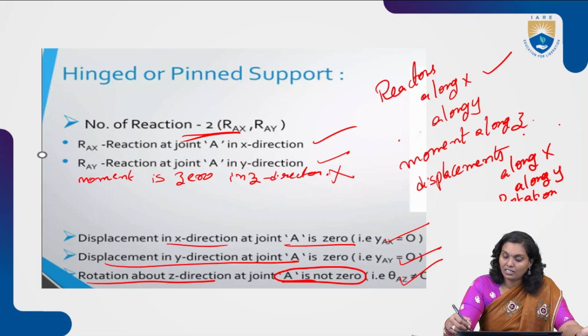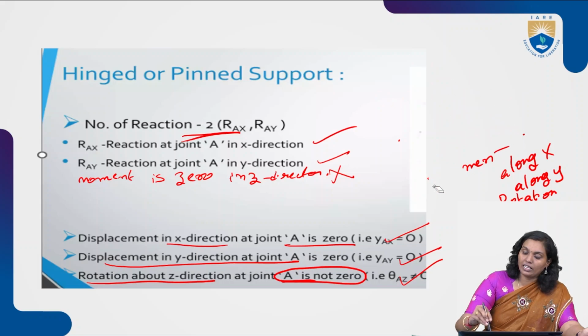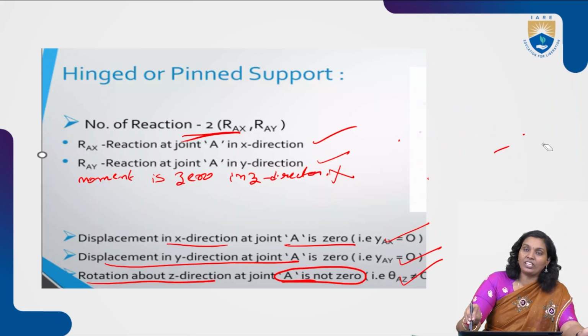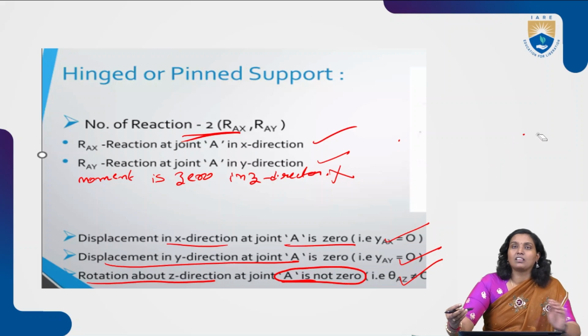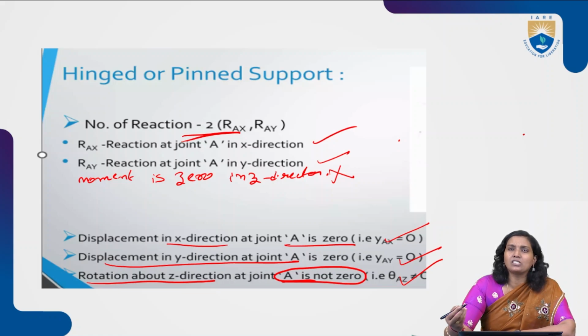If it is there, it means it is not there; if it is not there, it means it is there. Vice versa, we have to understand these conditions. This gives a better understanding about the structure, and it minimizes the work for understanding the analysis of the structure. So for hinged supports, the number of reactions is 2.